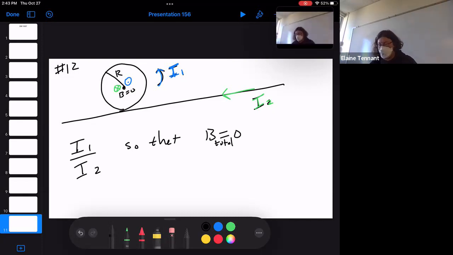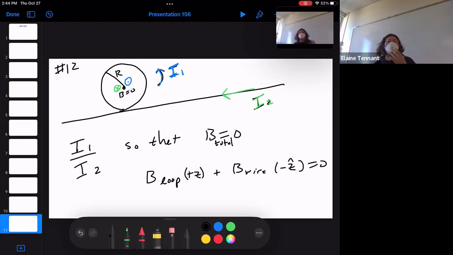All right, so we need to figure out which one will be stronger and by how much, basically. All right, so I have the B of the loop going in the positive Z direction, plus the B of the straight wire going in the negative Z direction. Those need to add up to 0.